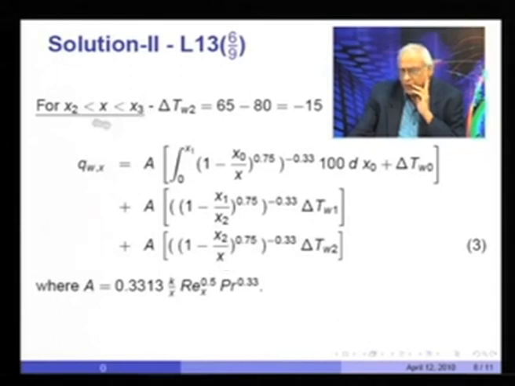X will go from x2 to x3 with a step change delta Tw equal to minus 15, because 65 minus 80 is minus 15. A is again that. So, this is the solution up to x1, this is the solution up to x2, and from x2 onwards, but less than x3, this is the solution.